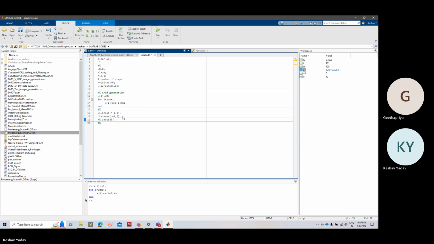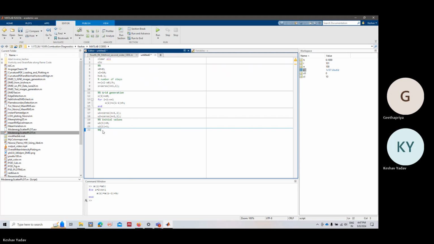Initial value: u1 of 1 is 0, and u2 of 1 is 1. These are the initial conditions.